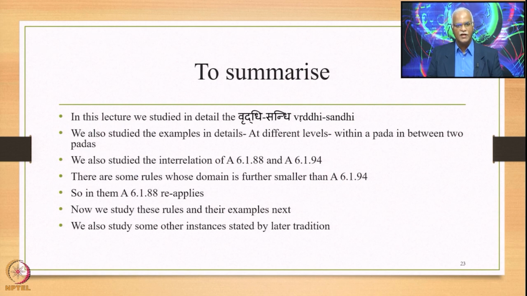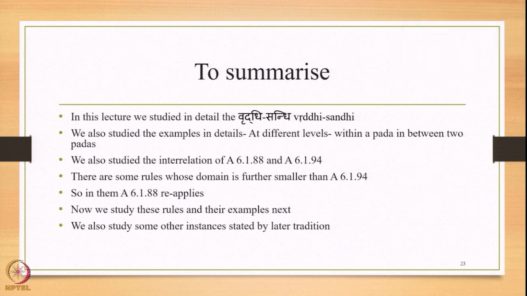Then we studied the examples in details at different levels within a pada or in between two padas. We also studied the interrelation of 6188 and 6194, and we also noted that the domain of application of 6194 is smaller than that of 6188.